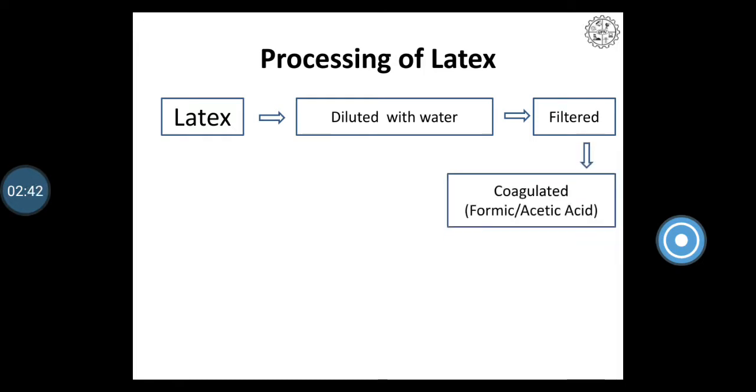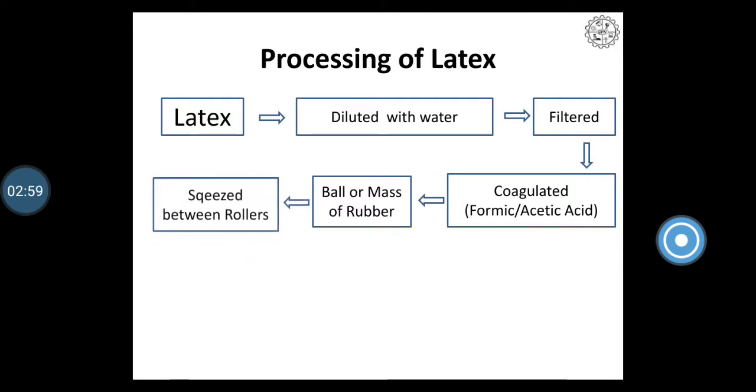After filtration, the filtrate is collected and coagulated by adding formic acid or acetic acid. Coagulation gives us balls or mass of rubber. These balls of rubber are squeezed by passing through rollers.